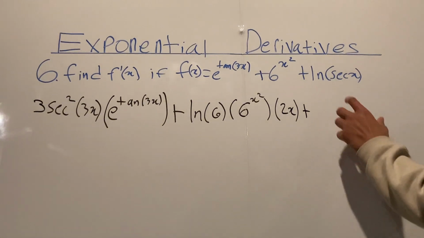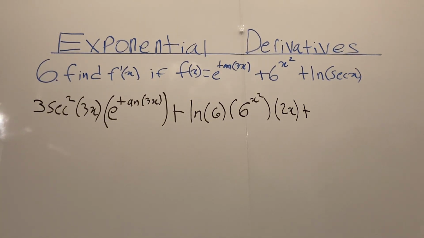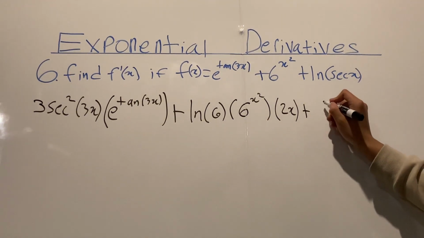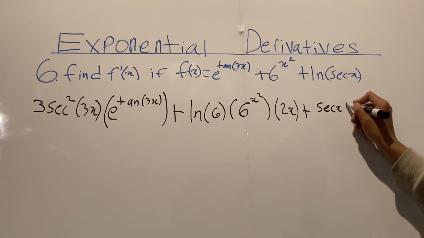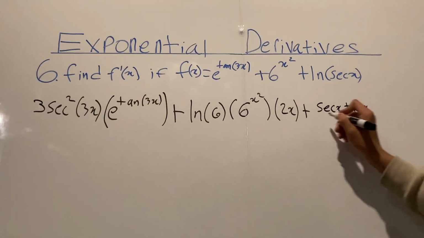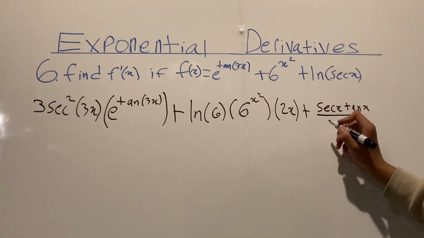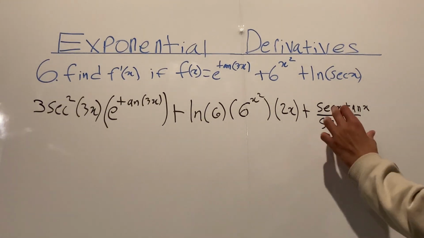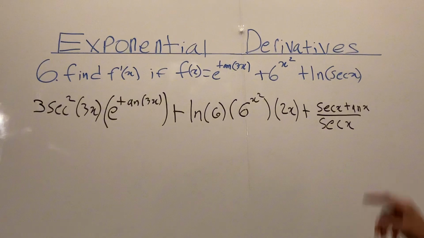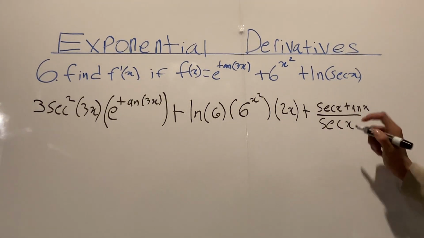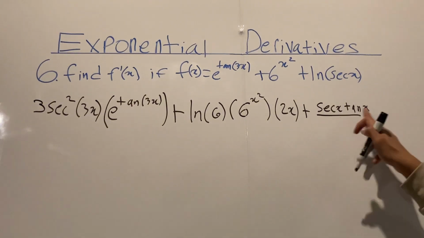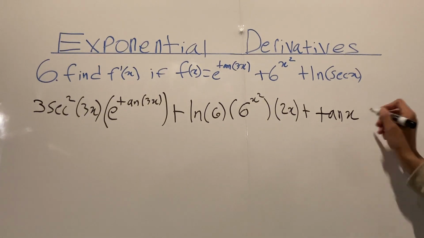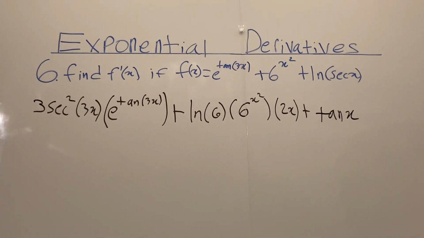Plus, once again, the derivative of ln x is 1 over x, and the derivative of the inner function, secant x, is secant x tan x, all divided by the inner function, which is secant x. You can see here we can cancel out the secant x, so this simplifies down to tan x, because we cancel the secant x on the top and bottom.